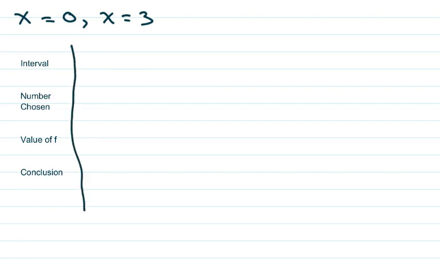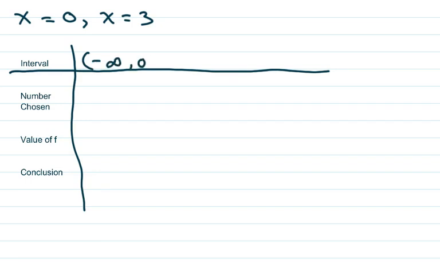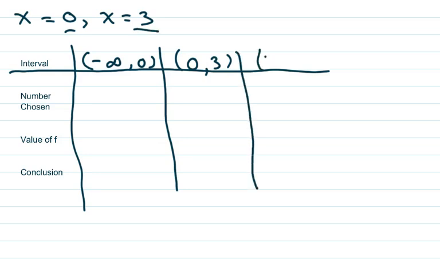So I'm going to set my intervals negative infinity to 0 for this one. Then I'm going to use 0 to 3. So I use both of these. Then I want to know what's happening bigger than 3. And do that.